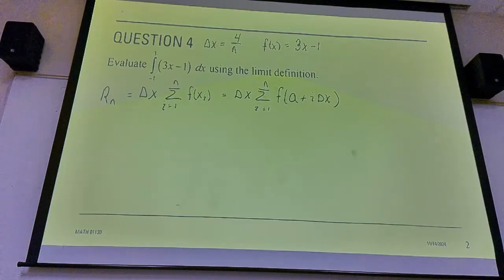Perfect. Delta x is 4 over n. a is -1. Right? i times 4 over n.